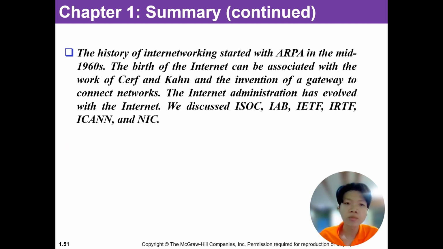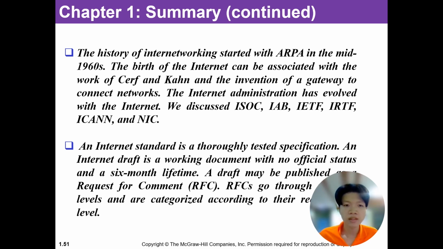The history of internetworking started with ARPANET in the mid-1960s, and Internet administration has evolved with the Internet. An Internet standard is a thoroughly tested specification. An Internet draft is a working document with no official status and a 6-month lifetime.